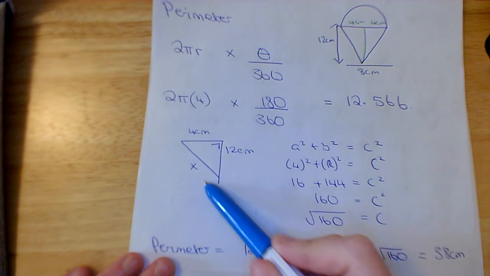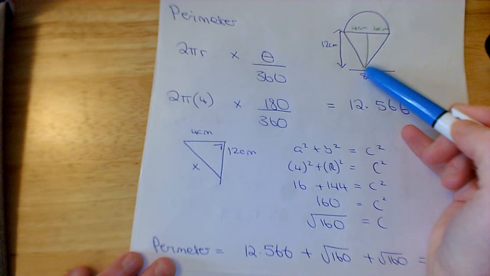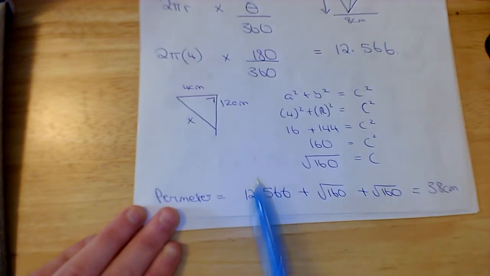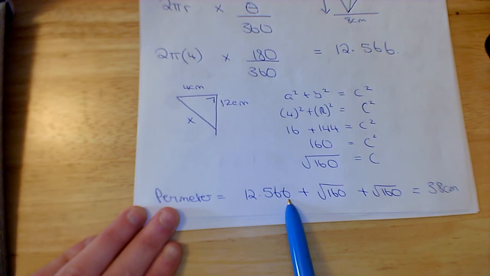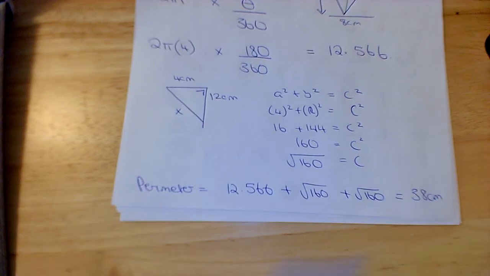That tells me this is root 160, and that means up here is also root 160. So the perimeter of this entire shape is 12.566, which is what we found our semicircle to be, plus root 160 plus root 160, and that's equal to 38 centimetres when I add it up together.